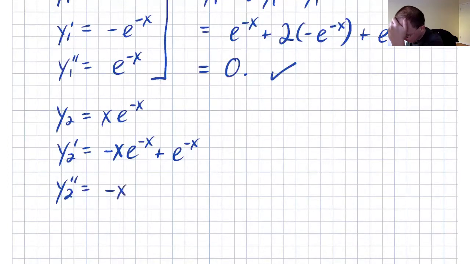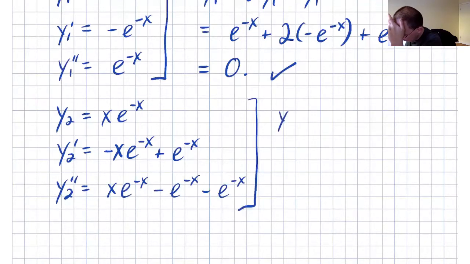The first times the derivative of the second. So that's just going to cancel this minus sign. So I'll just move that over. And then plus the derivative of the first, which is minus 1, times the second. And then we also take the derivative of e to the negative x. Okay.